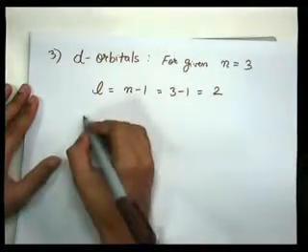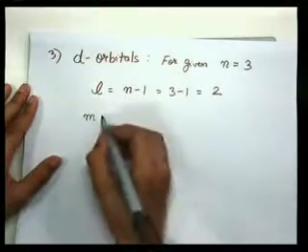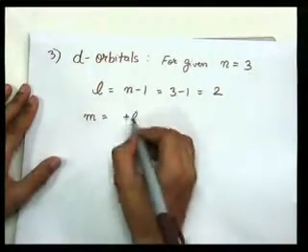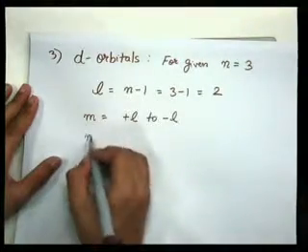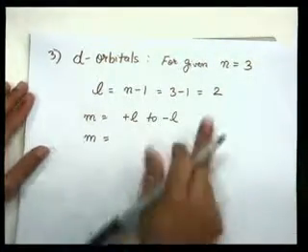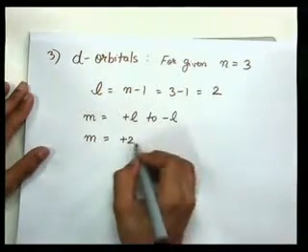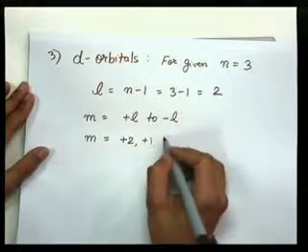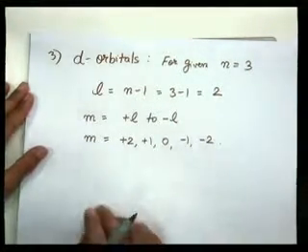Then you have to calculate m, that is your magnetic quantum number, that can take up the value from plus L to minus L. So what happens is your m, you are aware that it is having 2 value. So you can start writing plus 2, plus 1, 0, minus 1, minus 2. It means what?